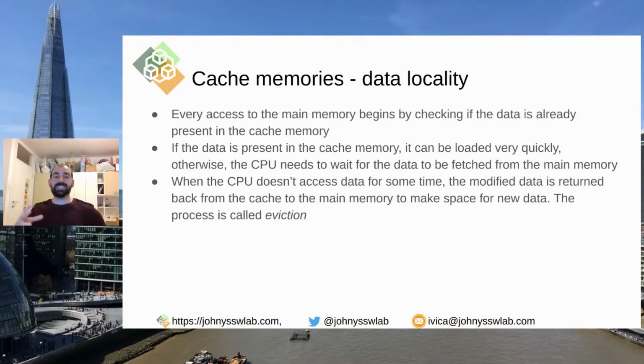If the CPU doesn't access data for some time, the data, modified or unmodified, is returned from the cache to the main memory to make space for new data. So the cache keeps a copy of the data close to the CPU, but after some time it will return that block of memory from the cache back to the main memory. This process is called eviction.